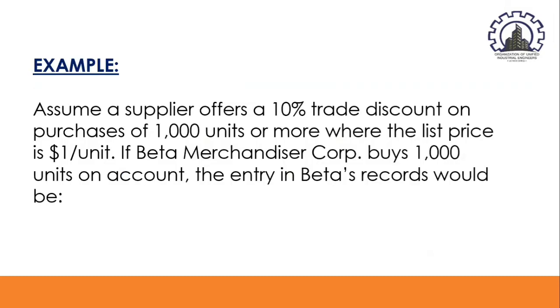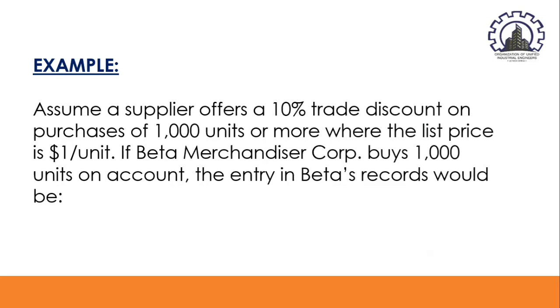Now, take note that trade discounts are similar to purchase discounts. A supplier advertises a list price, which is the normal selling price of its goods to merchandisers. Therefore, in order for us to better understand what a trade discount is, let me give you an example.